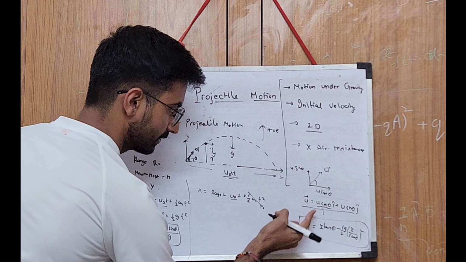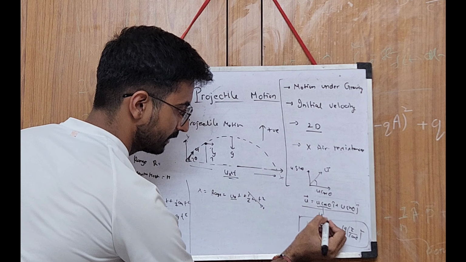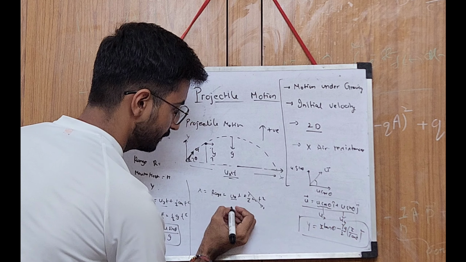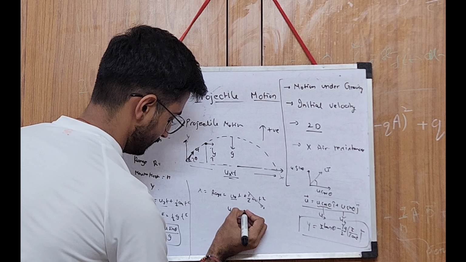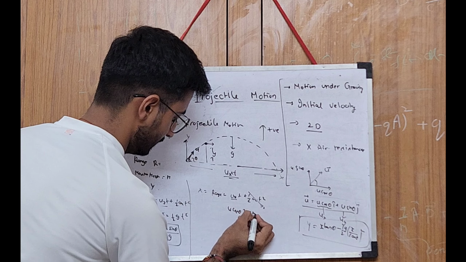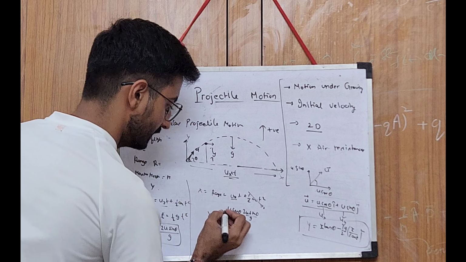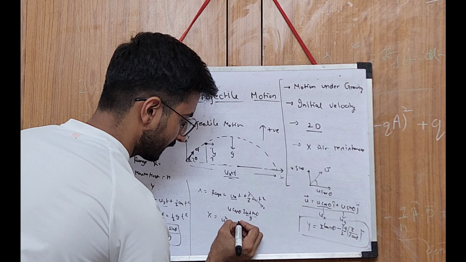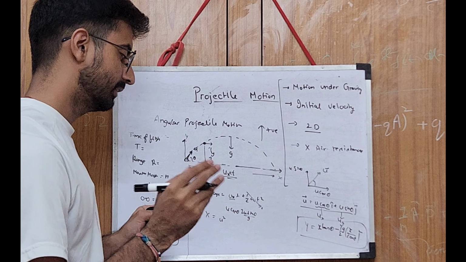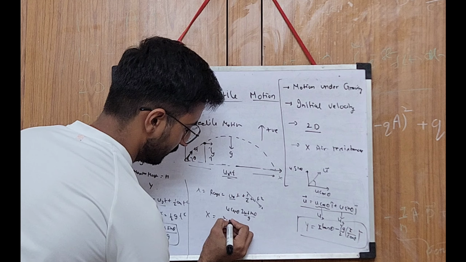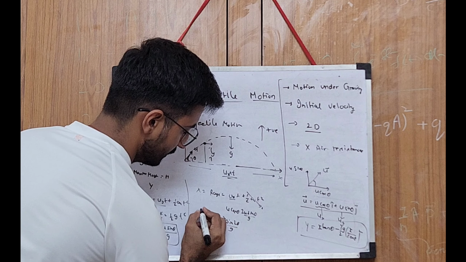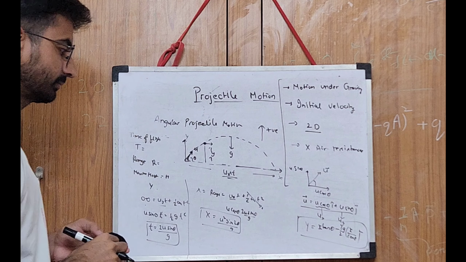What is ux? This is ux, this is uy. So ux is u cos theta, and t we have is 2u sin theta upon g. So then what will be our value of x? That is range. Range is u square, and 2 sin theta cos theta is sin 2 theta, upon g. So this is our x.